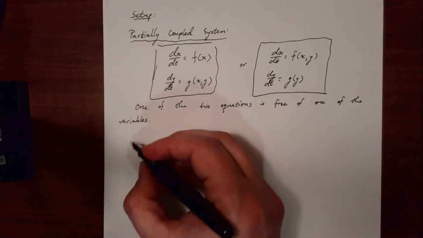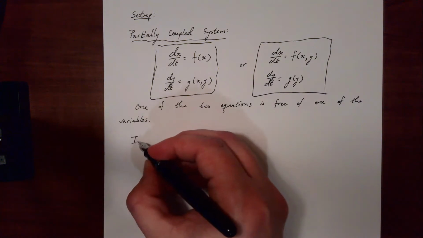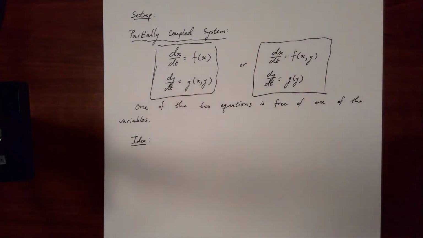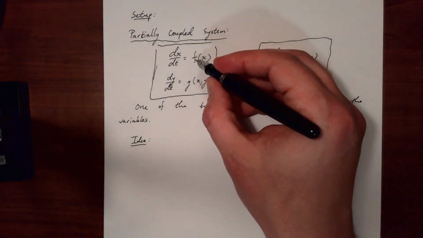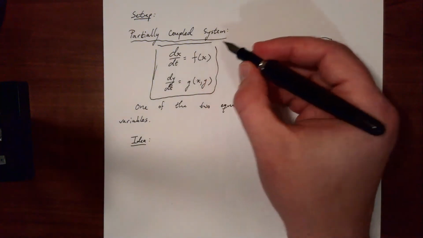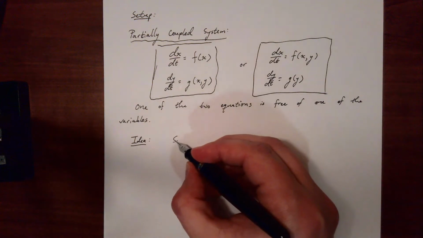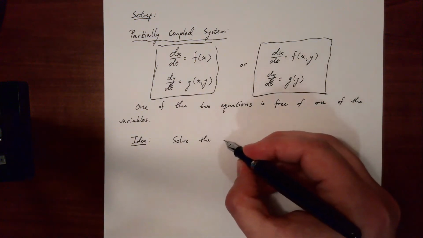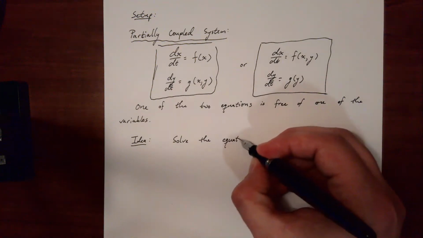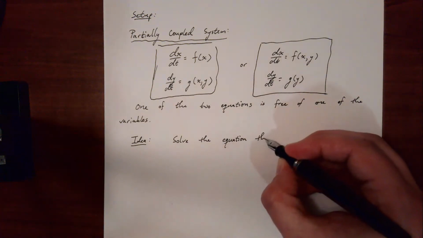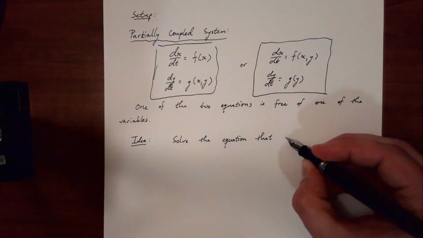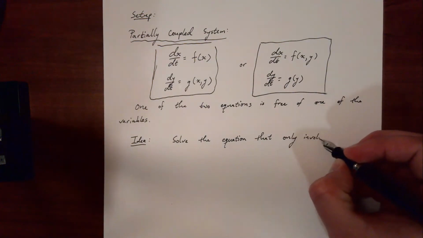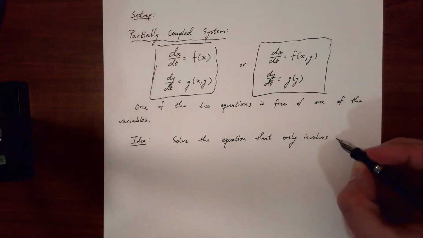So here's the basic idea for how to do this. Solve the one that is free of the other variable. So solve the equation that only involves one variable.